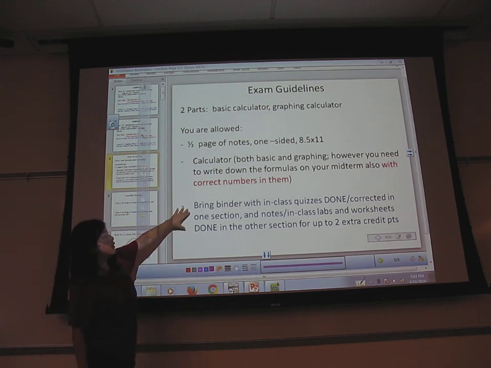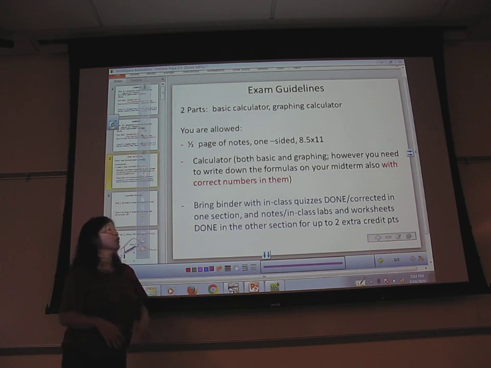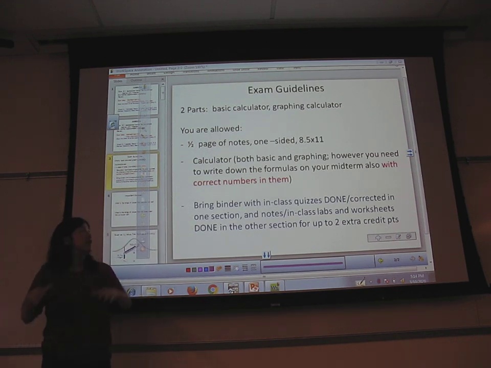Also, make sure you bring your binder with your in-class quizzes done and corrected in one section. So quizzes in one section, everything else in the other section, even if you mix them normally, because it's faster for me to just be able to go through them. I have to look at everybody's during the course of the exam, ideally while people are still working, before people start finishing up for part 1, which is really hard.